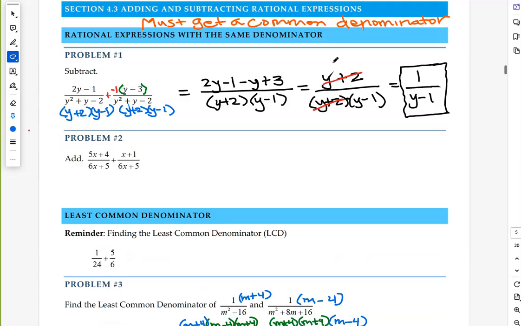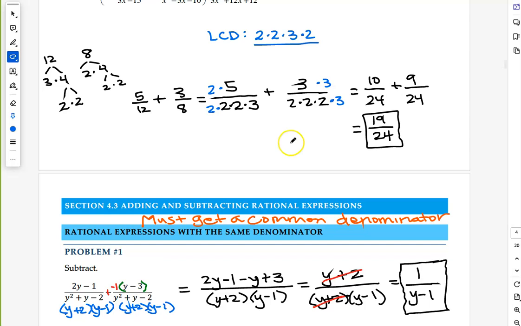Just like we had up here, right? Think about it with these numbers, because sometimes it's easier with the numbers. We had a lot of 2s, and so it's just a repeated factor. This one had 2 2s, but our other fraction had 3 2s, so we had to make sure that this one has 3 2s. Both of them have to be exactly the same.